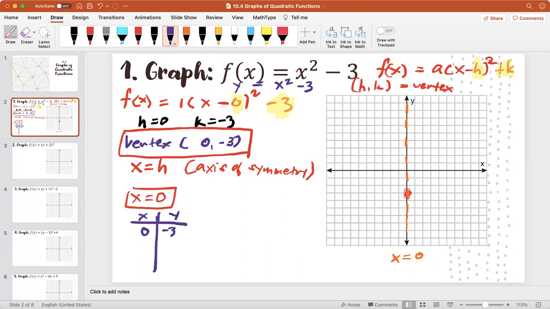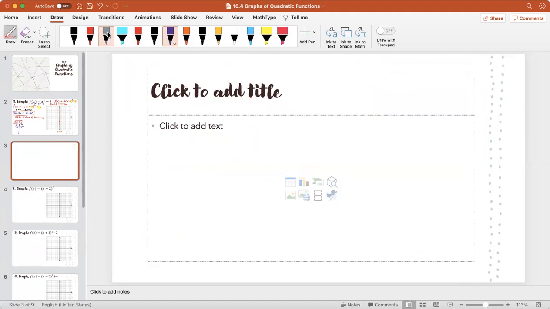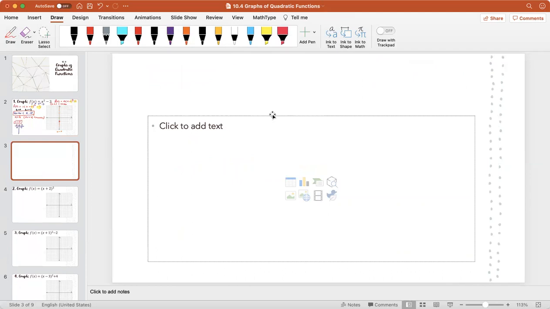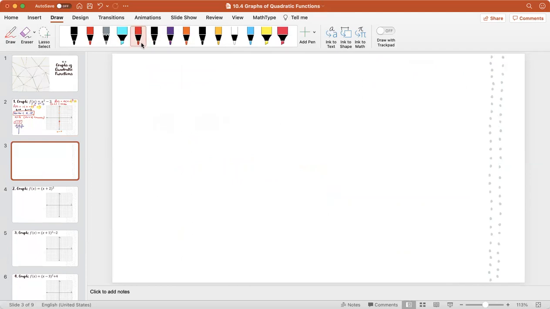So let's find your x-intercepts. I think we need more space. I'll just add another slide for the x-intercept.